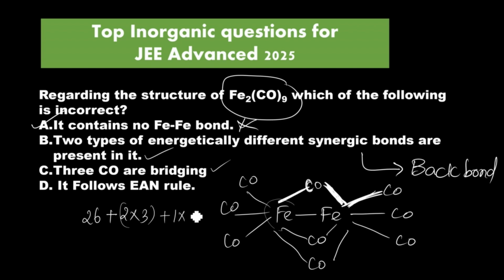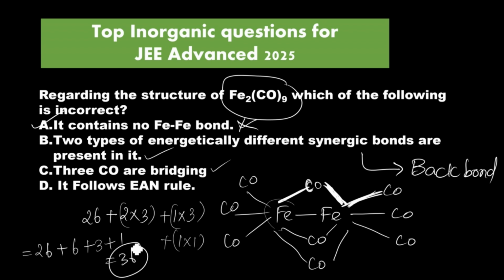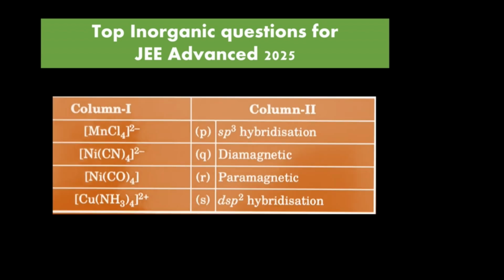So 1 into 3, then Fe-Fe bond, that is 1 electron, so 1 into 1. So total 26 plus 6 plus 3 plus 1, so total 36. 36 is an inert gas atomic number. So it follows the EAN rule, which makes it much more stable. So the answer to this question is option A only. Then these types of questions you can easily solve.